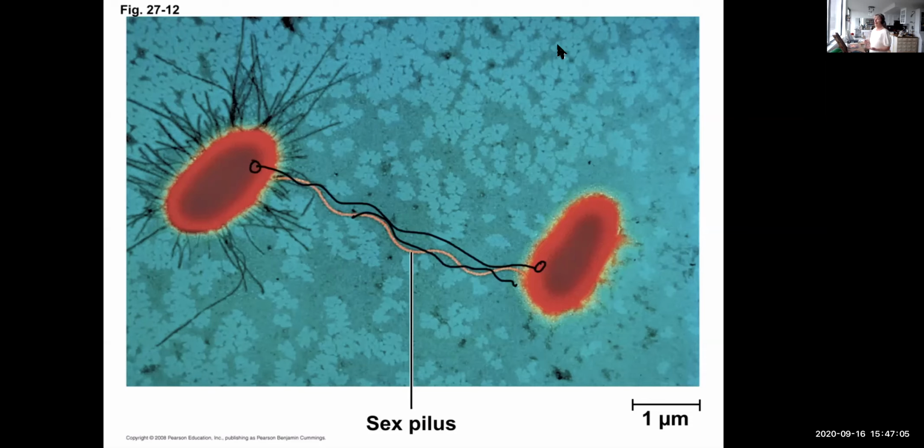What's fascinating is that they exchange DNA not only between the same species of bacteria, but also different species. That is also one of the reasons why bacteria are so diverse.